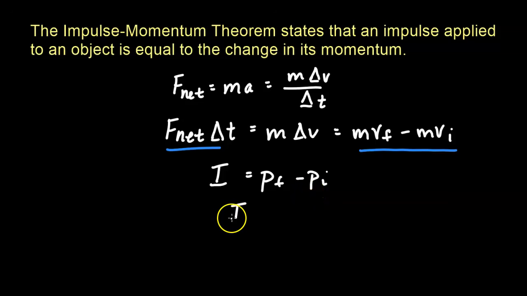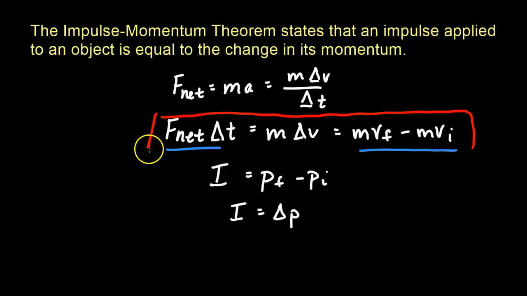You can also write it as impulse is equal to the change in momentum. And the key thing here is this relationship, because what this is telling us is that if you have an impulse, you're going to change the momentum of the object or the system that you're working on. This relationship is called the impulse-momentum theorem.